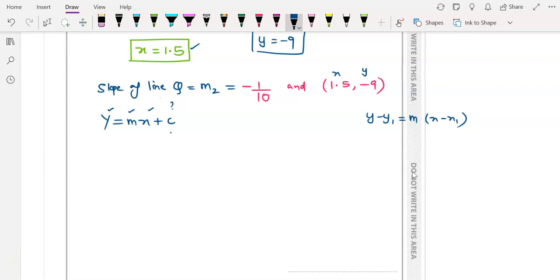The value of y is negative 9, m is minus 1 upon 10, times x is 1.5, plus c. So minus 9 equals minus 1 into 1.5 divided by 10, which will become minus 0.15, plus c. Move it to the left, so you'll have minus 9 plus 0.15 equal to c.